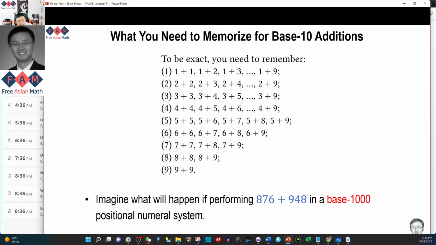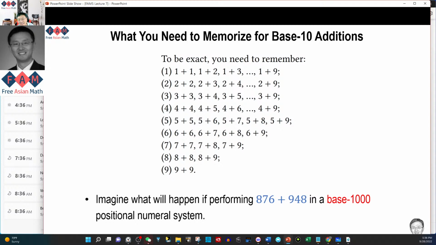It means that in this system, you will have 1000 symbols. And both 876 and 948 are hard-coded. There's no positional value because they're the unit digits. They are both unit digits if the number system is base 1000.